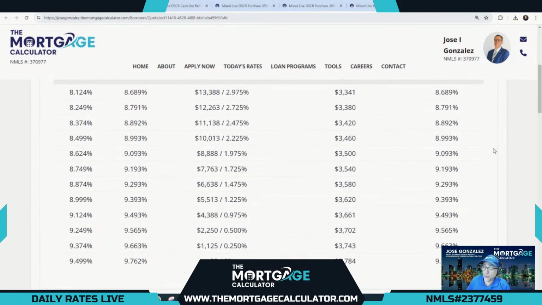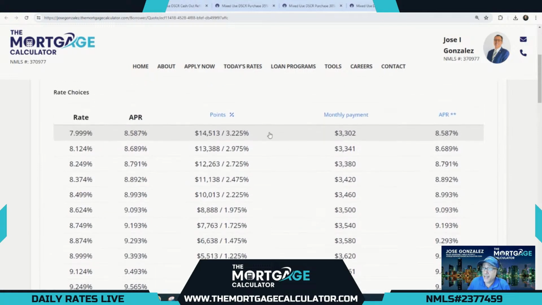And again, due to the reduction in the LTV, due to the credit score, the rates are still excellent. 9.499 is at par, cost of 0. And you can buy that down again all the way to 7.999 at a cost of 3.225.